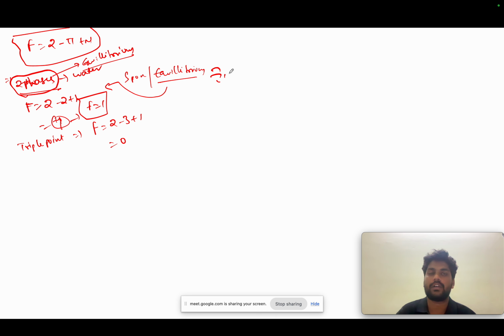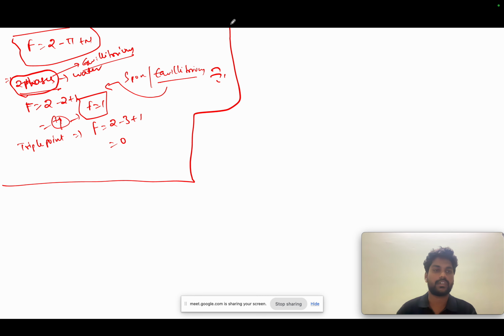We will extend the basic chemical potential concept in the phase equilibria with the Le Chatelier principle and the Clapeyron equation. From there you will understand much better how the chemical potential of water is reducing. So this is the chemical potential related to the degrees of freedom.